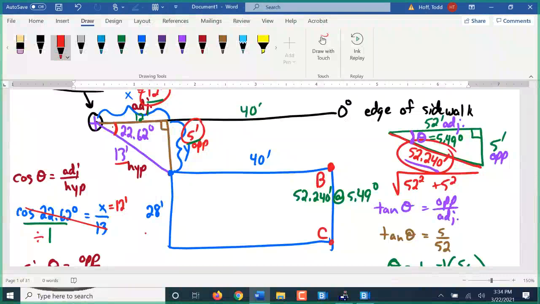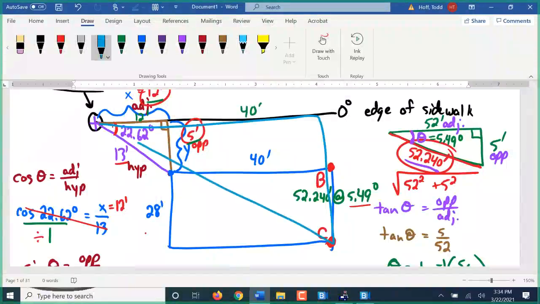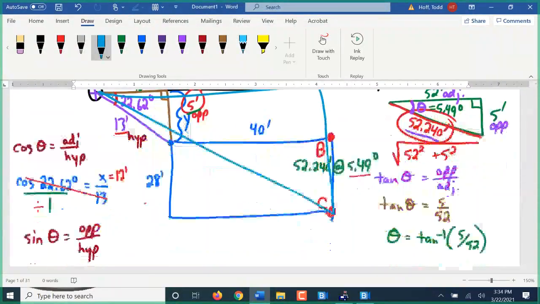What if I call this here corner C? If I look at my little corner C there, I'm looking at this triangle here. Big one, yep.